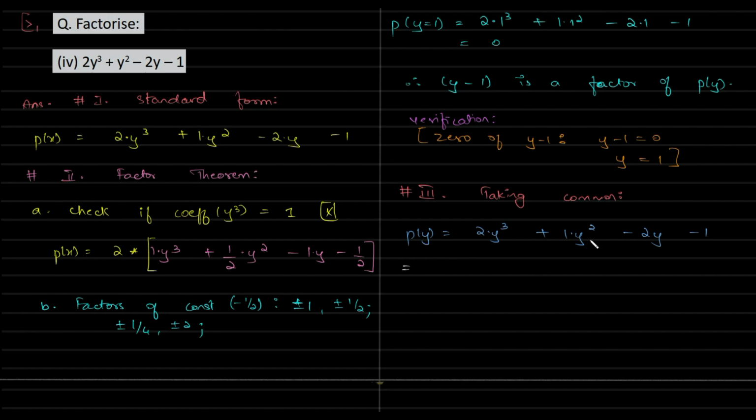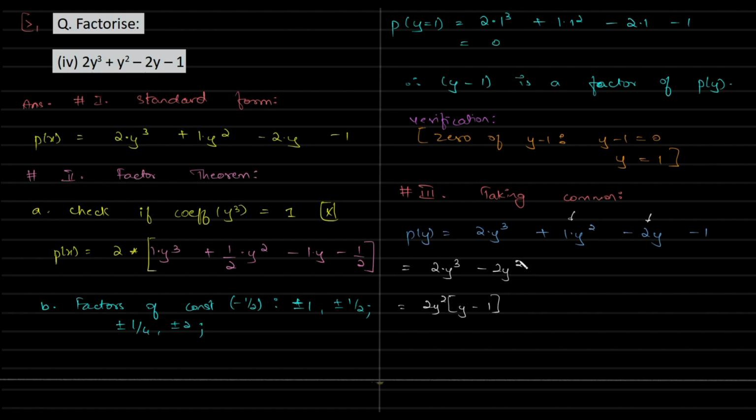We can do so by splitting the middle two terms. So we start with 2y cube. Remember, I need y minus 1. If I take y from this, I'll be left with 2y square. So this has to be by default 2y square. 2y square minus 1 is minus 2y square.